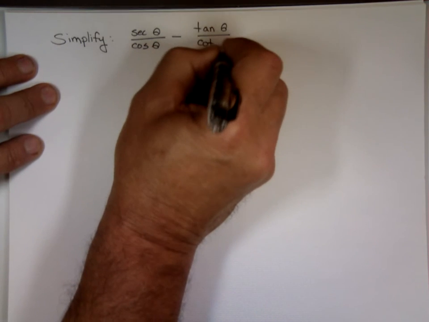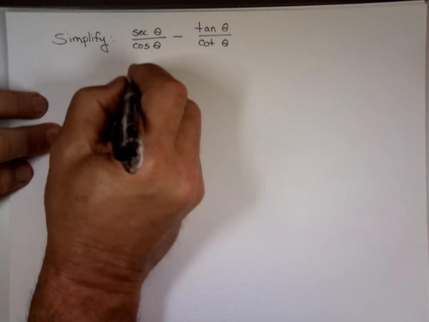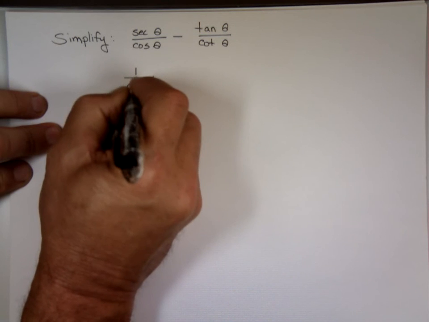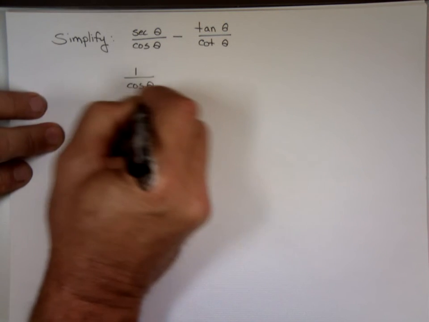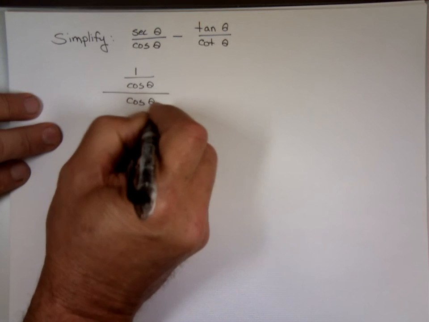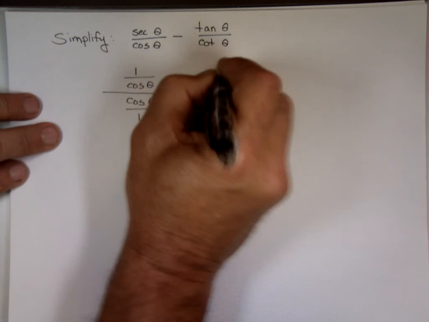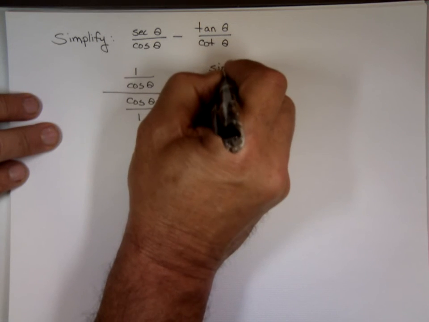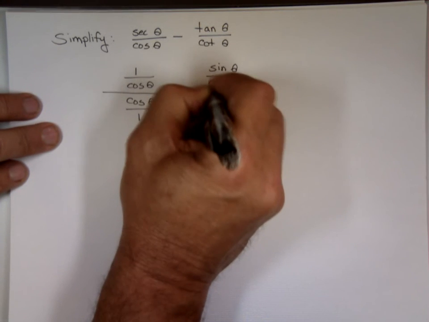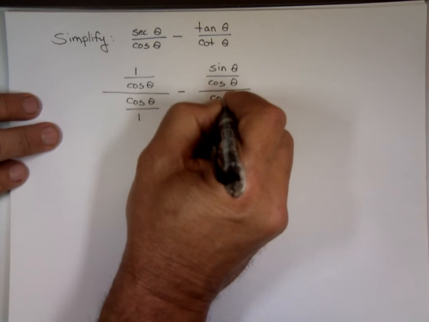Again, I'm going to change everything to sine, cosine, and use my algebra. Secant is 1 over cosine theta. The cosine is really cosine over 1. The tangent is sine over cosine. Cotangent is the cosine over sine.